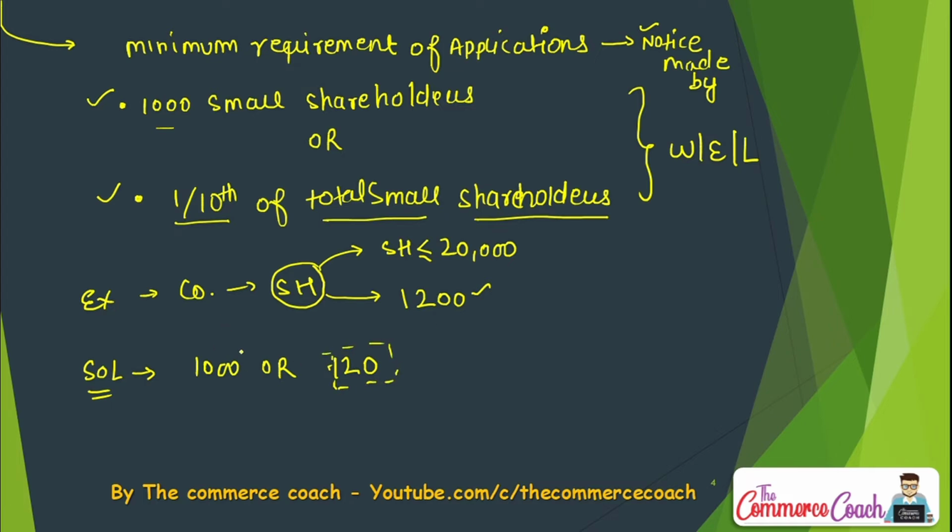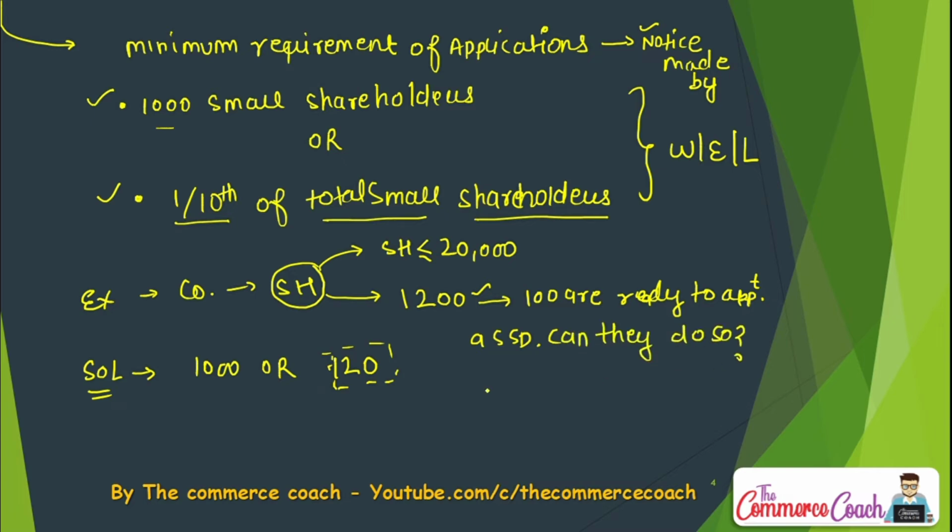Suppose in this question it was also given that out of 1200, 100 are ready to appoint a small shareholder director. Can they do so? The solution is no, because they require at least 120 small shareholders to appoint such a director.